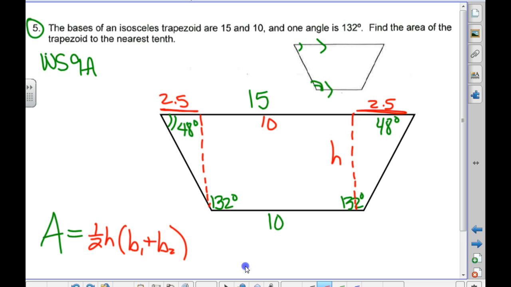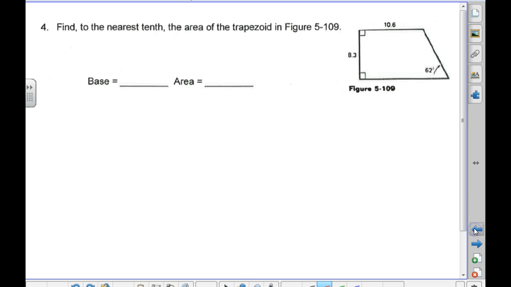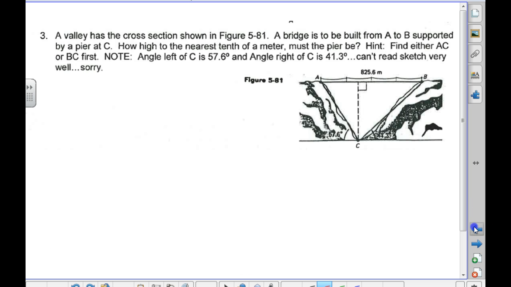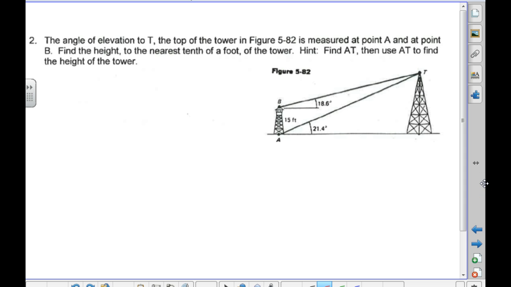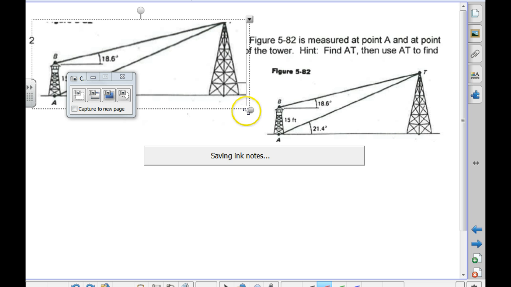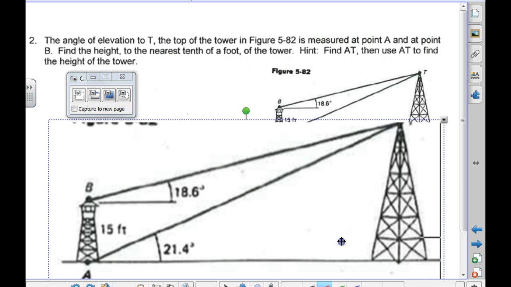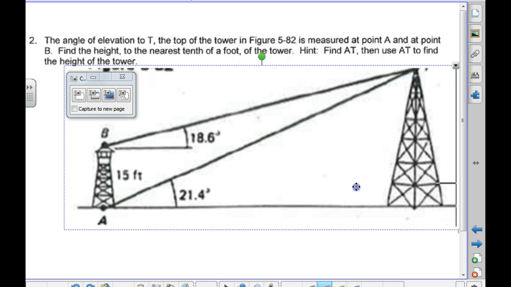It's right there. Was it 2 or 3? 2? All right, let me see if I can make a better one. If I stretch this out enough, we can actually write on it.